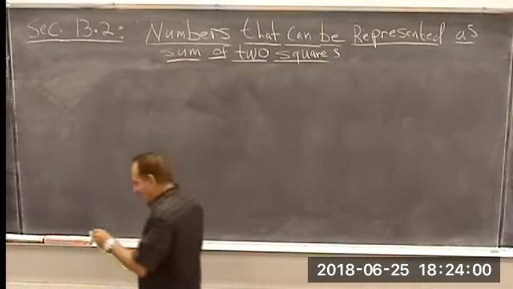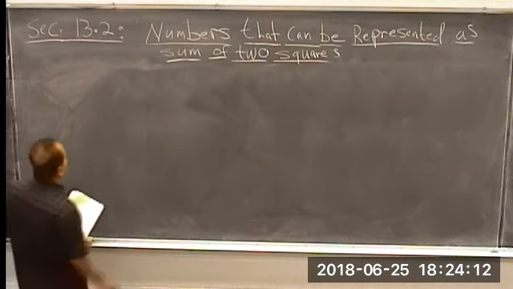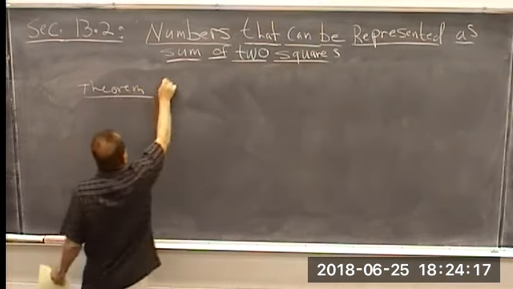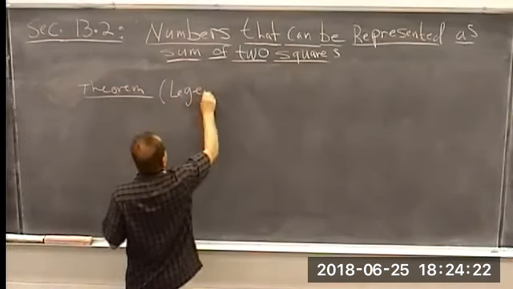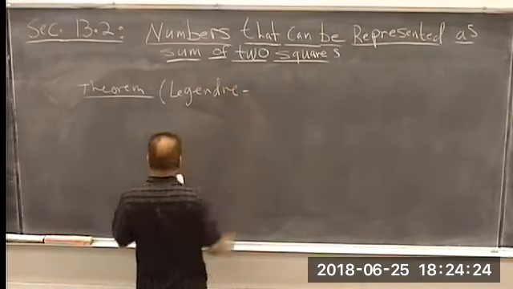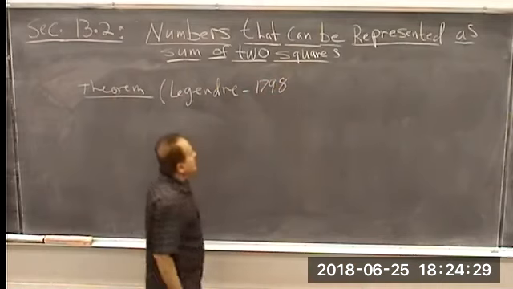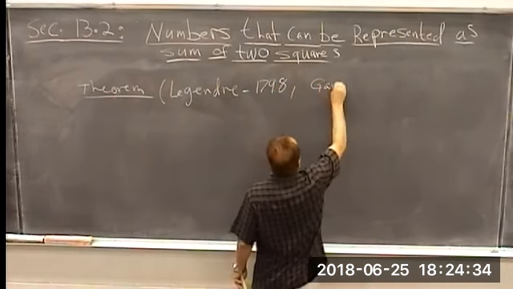So I want to write it down, which gives us exactly what numbers cannot be represented as a sum of three squares, or the other ones, which can be represented as a sum of three squares. So this is a theorem by Legendre, as stated in his treatise on number theory in 1798, and it was also stated by Gauss.